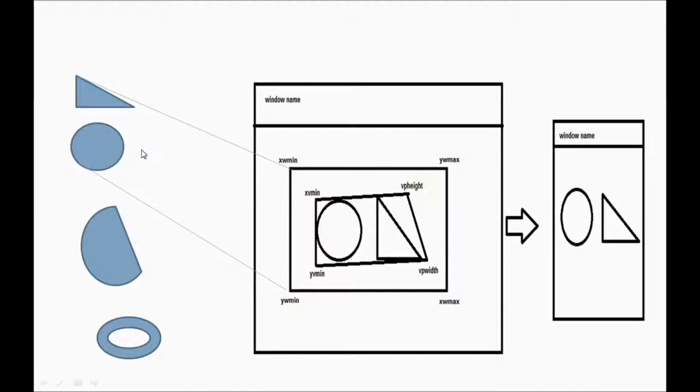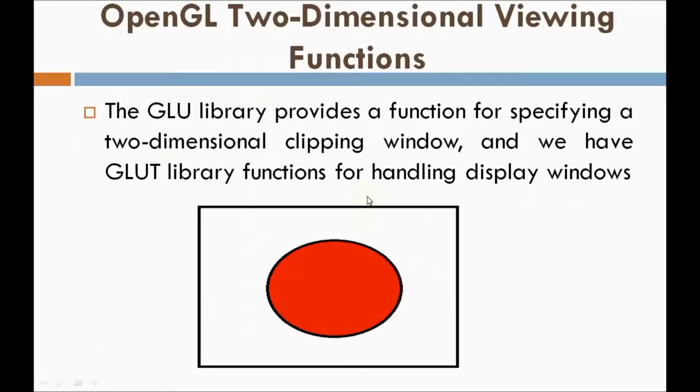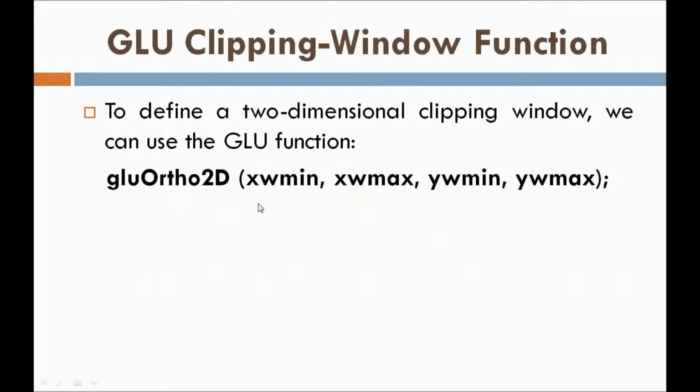So whatever object needs to be displayed should be inside the clipping window, right? If your object is outside the clipping window, then these objects won't be displayed. Here these objects are not displayed at all because they are not projected. These objects are outside the clipping window. Getting, guys? So here you can ask one question, why is it ortho?